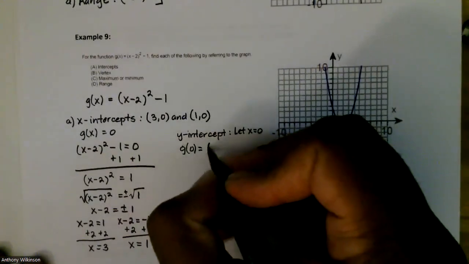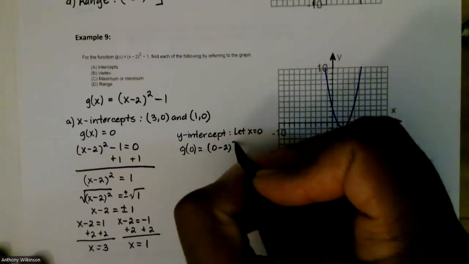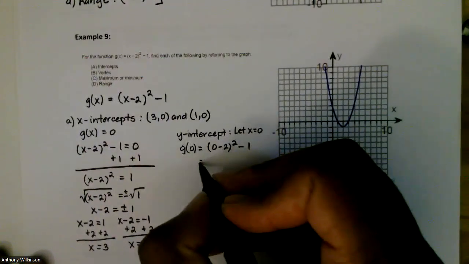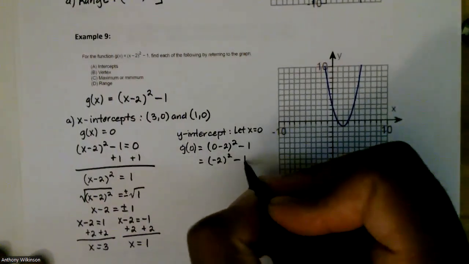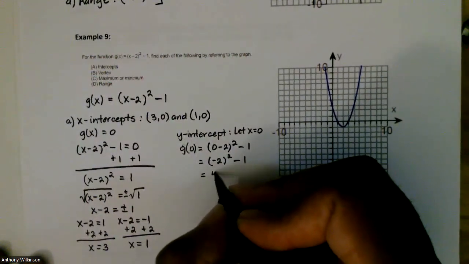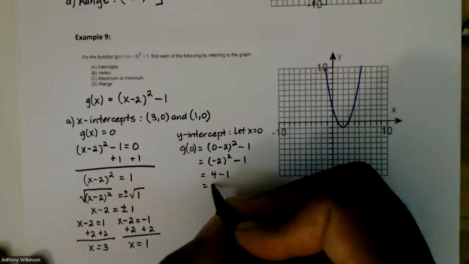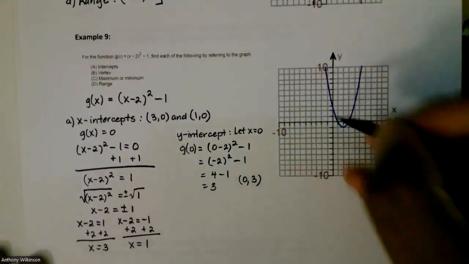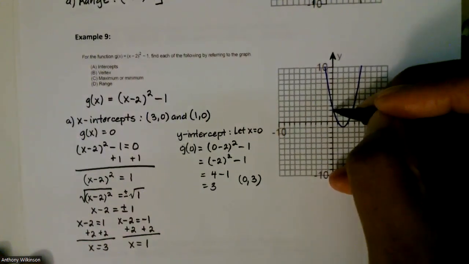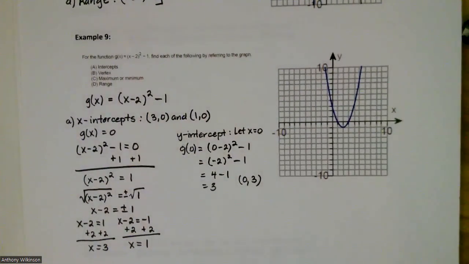So g of 0 will be just 0 minus 2, quantity squared, minus 1. 0 minus 2 will be negative 2, and that's squared, minus 1. This will mean 4 minus 1, which is 3. So the y-intercept is, of course, (0, 3). And you probably can see that from right here from that graph. The graph crosses the y-axis at 3.